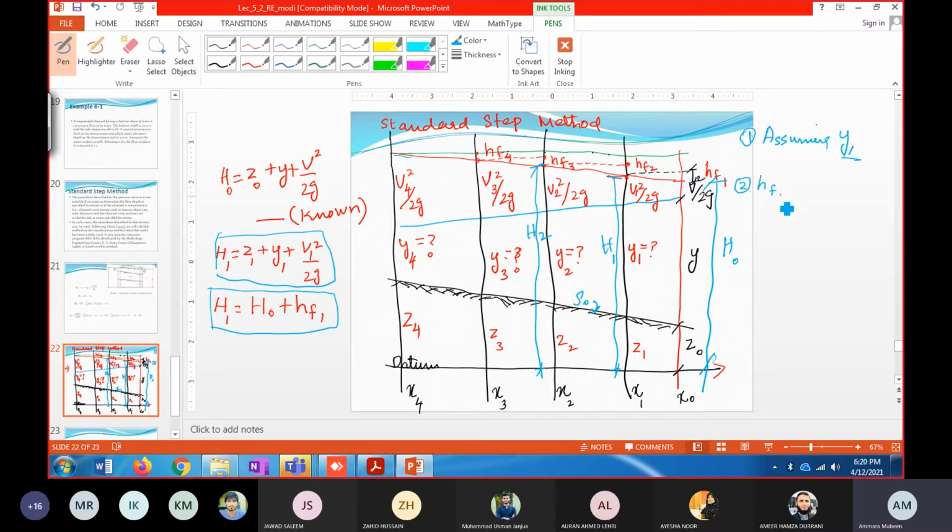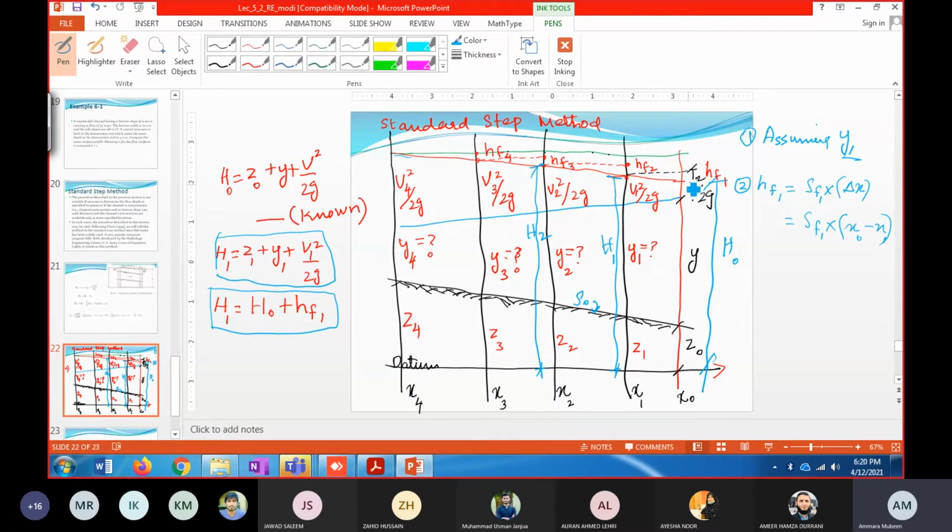Second step is to find the frictional head loss. It would be equal to SF1, which is the mean slope between this point and this point, multiplied by delta x, the distance between the two, isn't it? Delta x would be x0 minus x1, so this distance is this.